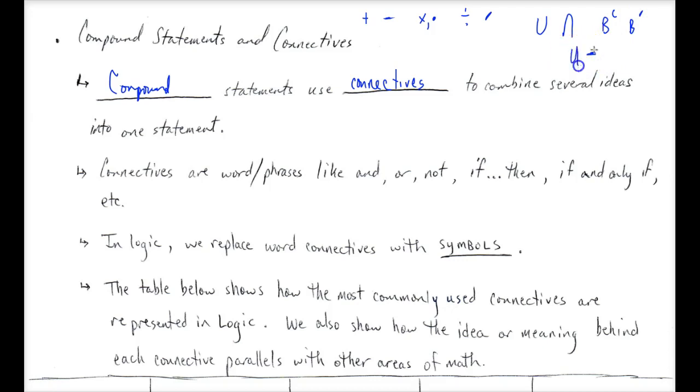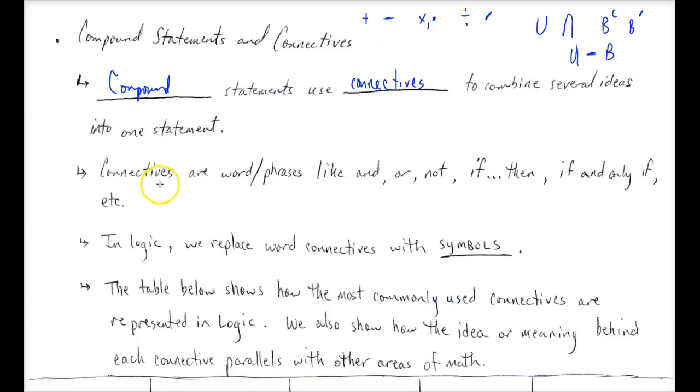So let's say we wanted everything that is not in set B with respect to the universal. So we could also call these connectives as well, but these are normally called operations within set theory. But inside of logic, we don't call them operations, we call them connectives. Okay, so that's my point in elaborating on that.